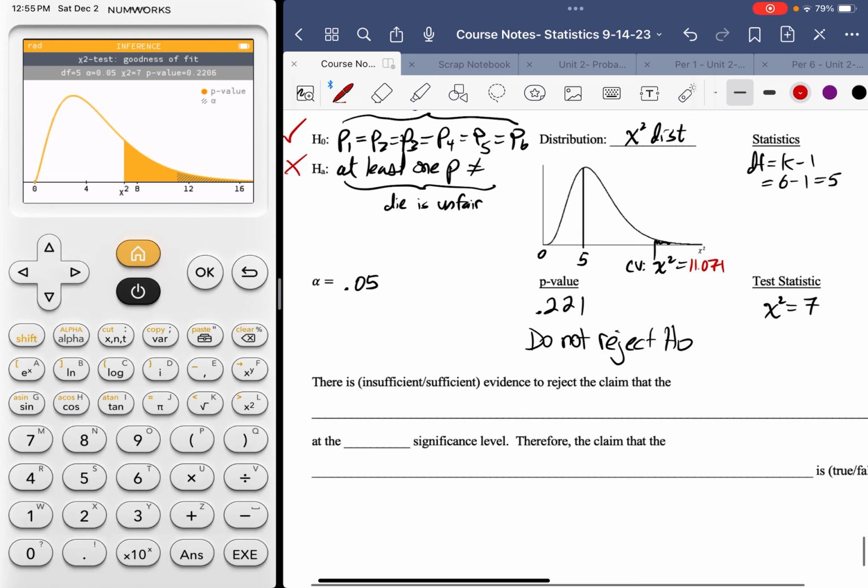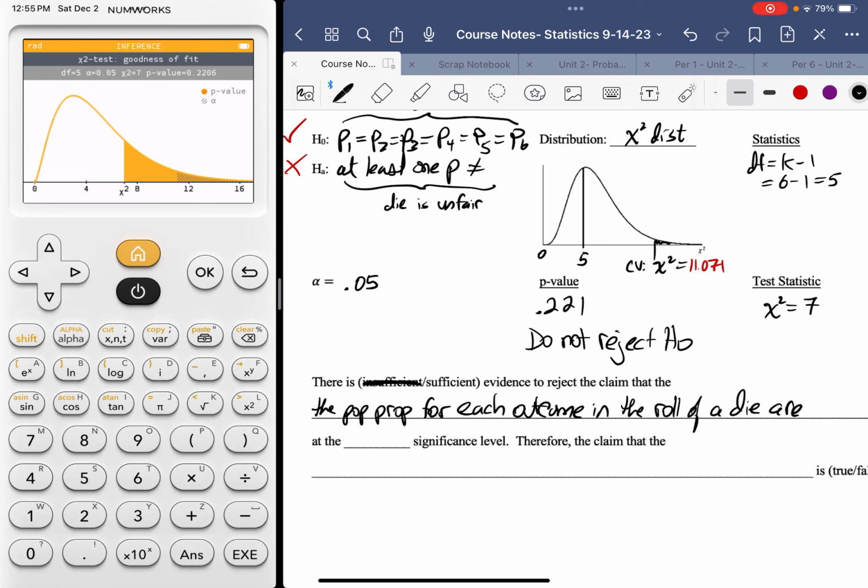So there is insufficient evidence to reject the claim that, well, the null hypothesis was that all the probabilities were equal, that the population proportions for each outcome in the roll of a die are equal. That's what the null is saying.